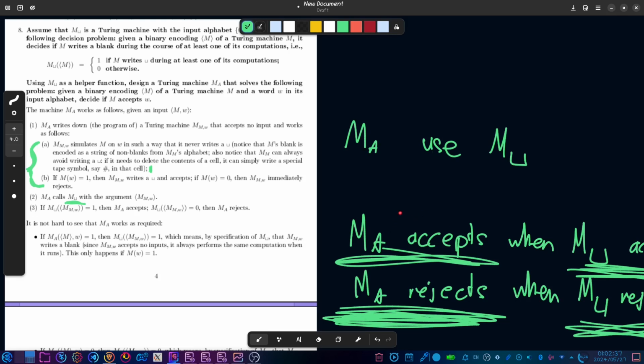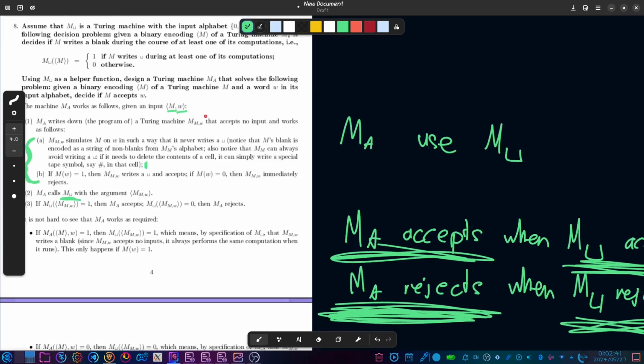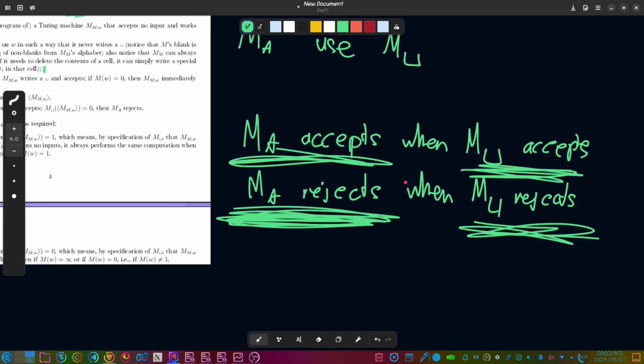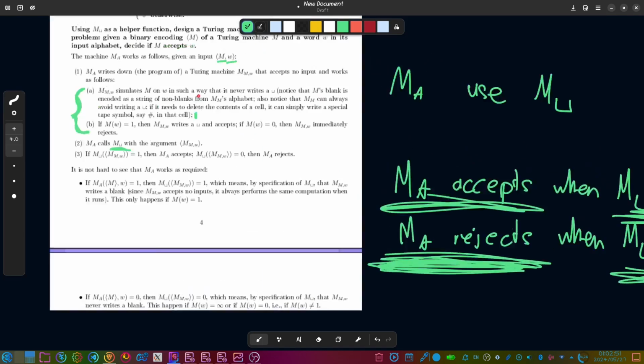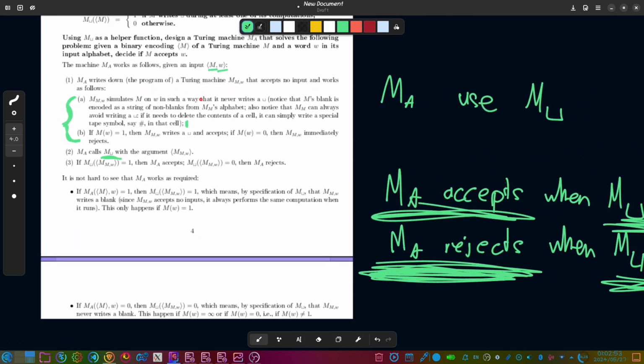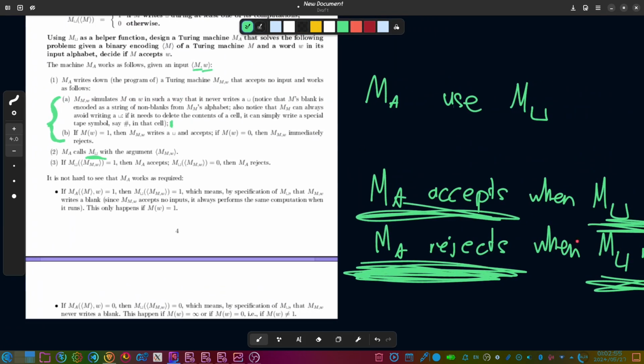MA is supposed to accept anytime M accepts W. And when M rejects, M is going to reject our Turing machine in any case where this isn't the case.